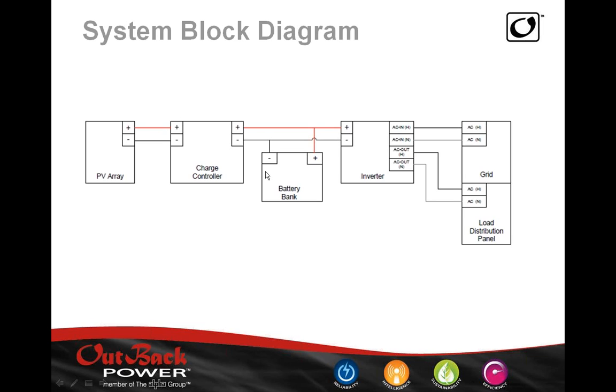In a very real way, if the batteries are fully charged, every single electron, let's say, that's being harvested from the PV array will go right through the charge controller onto the inverter and onto the grid, if this happens to be a grid interactive system.